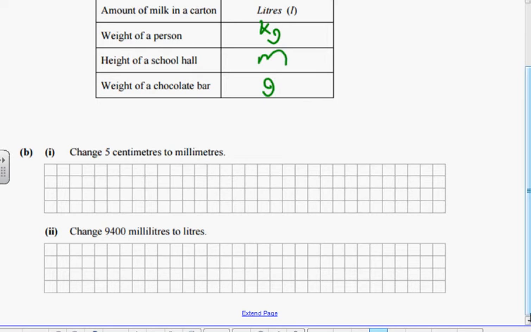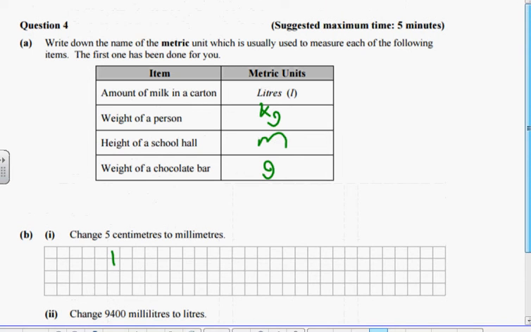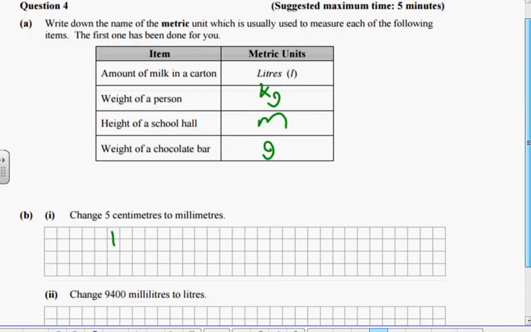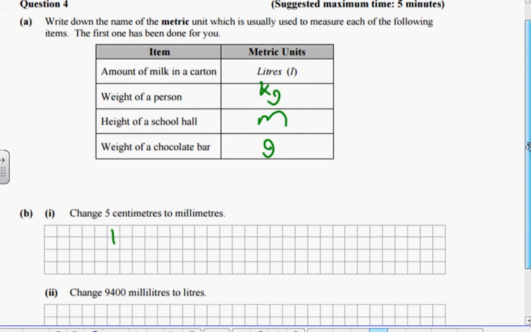For the box below where you could say the metric units, would you be able to say kg and stuff like that? You'd get away with kg in the chocolate bar one. Would you be able to put in the shortened version of the word, or would you have to put in the full word?